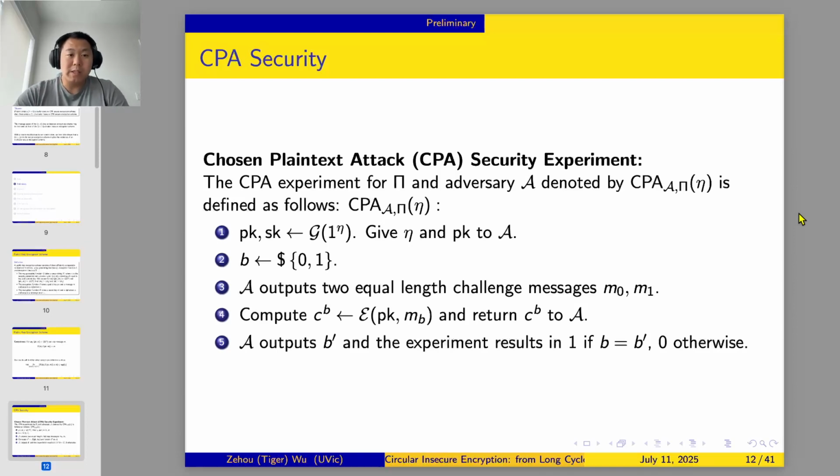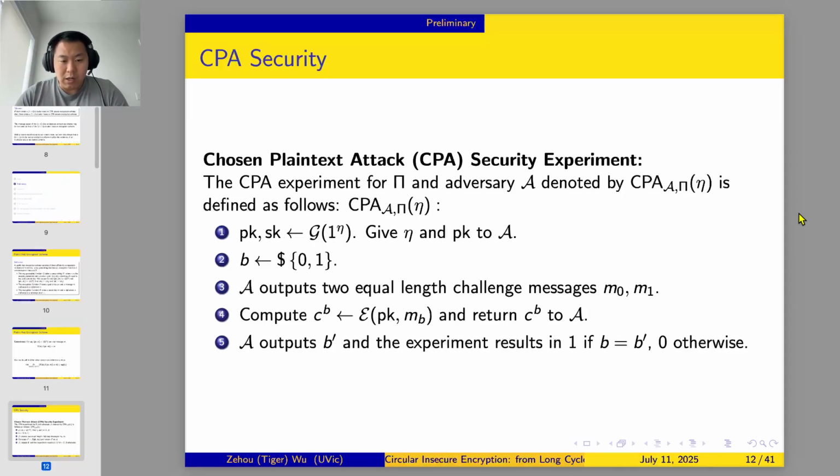Now we talk about what CPA security is, which stands for chosen plaintext attack. A CPA security experiment is played between an encryption scheme pi and an adversary A. The experiment begins with first sampling PK, SK using the keygen function and giving the public key to A. A random coin b is flipped, and A outputs two equal length messages M0, M1.